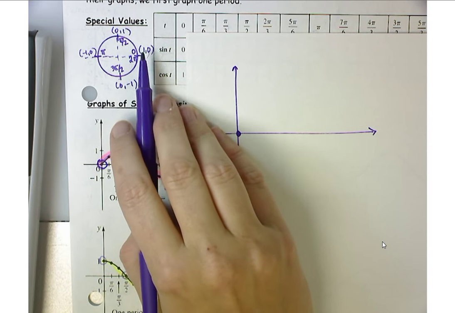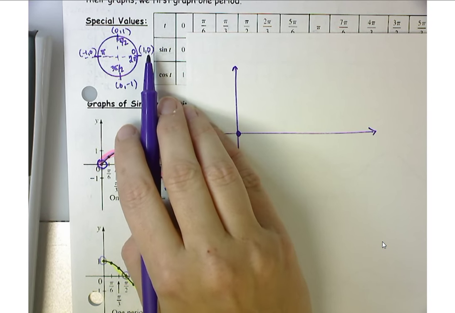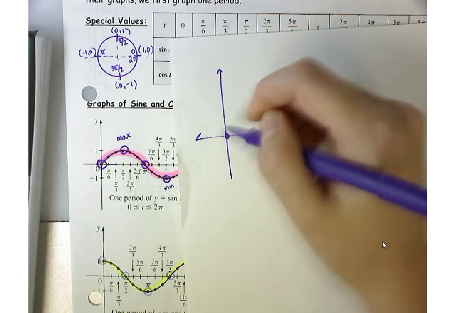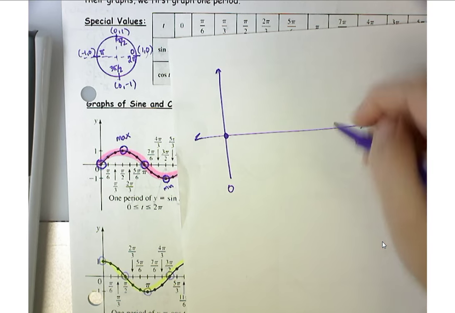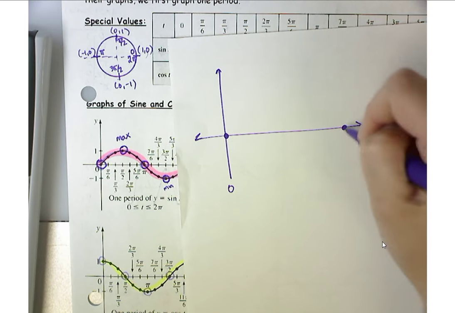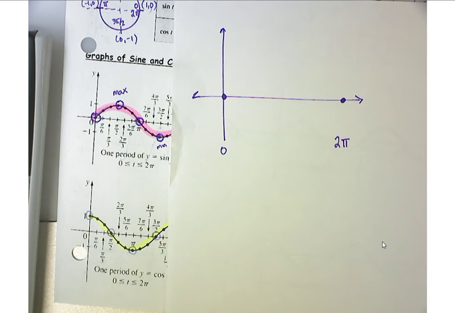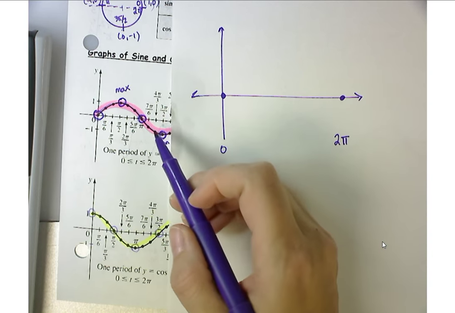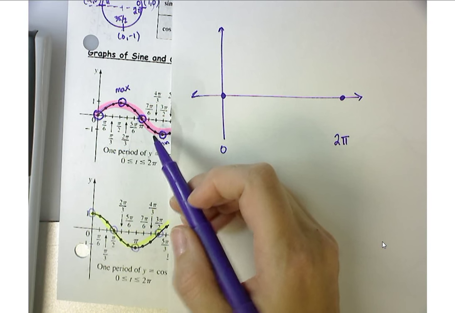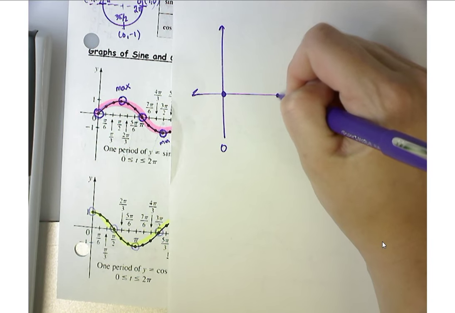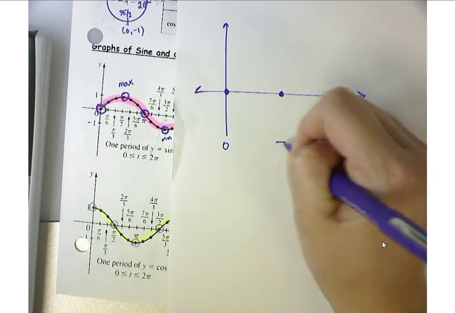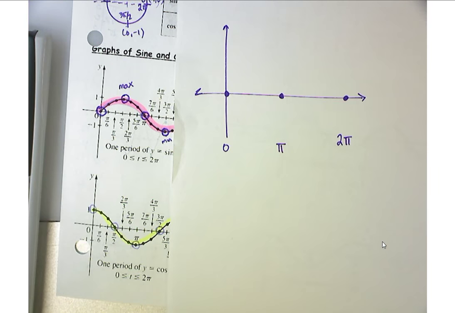Okay, so then this would be your cosine, 0 would be your sine. All right, so it's going to start at 0. If one full period is 2 pi, then at 2 pi, it's going to hit 0 again. Now, for the sine function, it also hits 0 where? At pi. So halfway in between these, you're going to hit the same point.